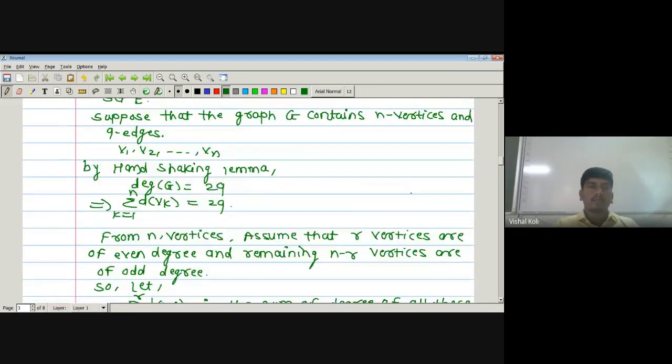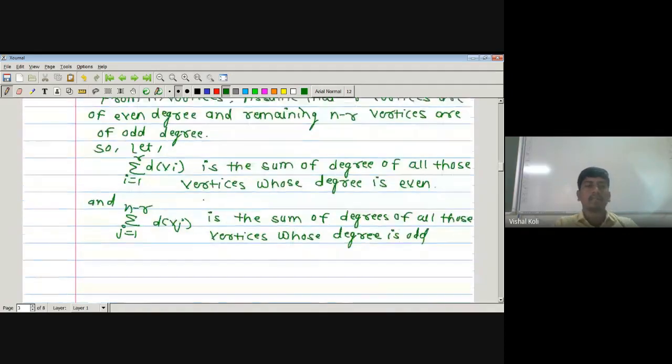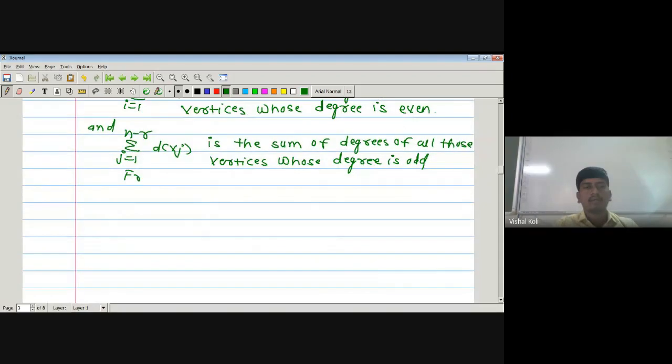now here from this star, the total degree of a graph G is nothing but summation k running from 1 to n of d of vk, and as there are q edges, it is nothing but 2 times q. Therefore, from star, 2q is nothing but summation k running from 1 to n of d of vk, that is the degree of vertex vk, where k runs from 1 to n.